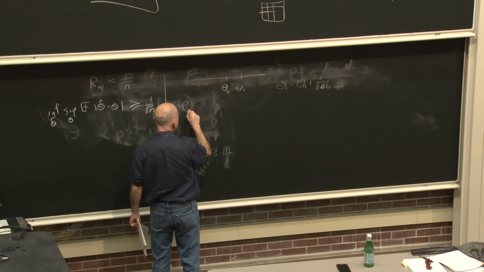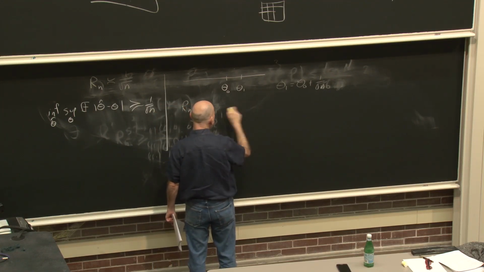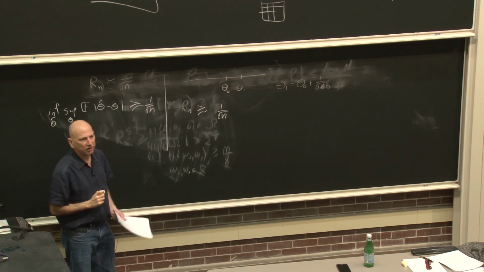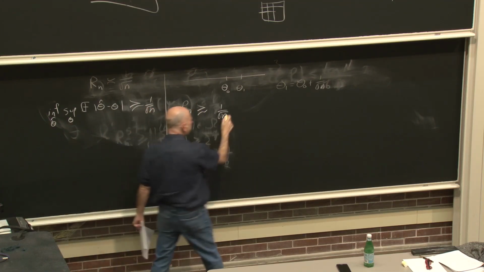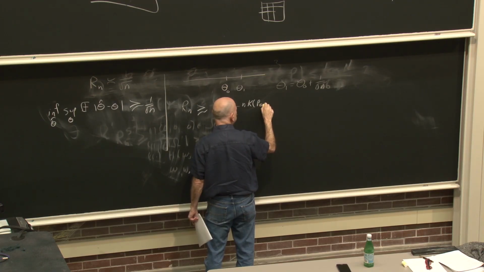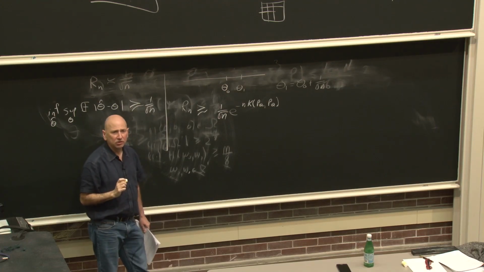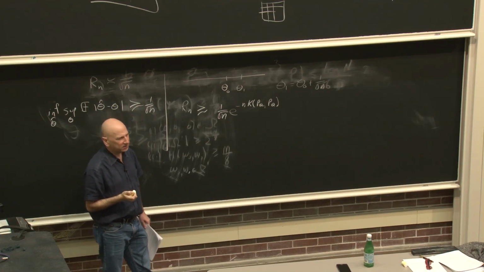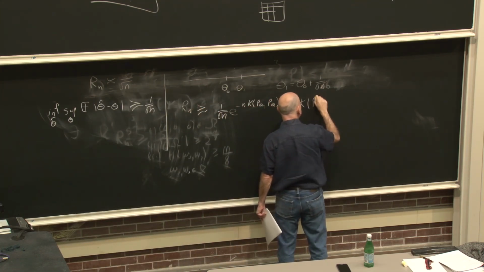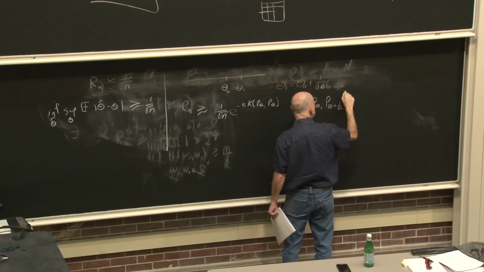So the risk should be that distance, which is 1 over root n, divided by 2 or something, but I'm using my squiggle here, which means I can throw away constants, times e to the minus n times the KL distance between p theta 0 and p theta 1. But at some point, we talked about this, maybe it was even a homework question, that in a well-behaved parametric model, what do we know about the KL distance of two parametric distributions that are close together?